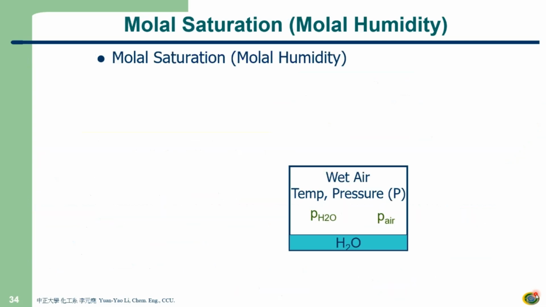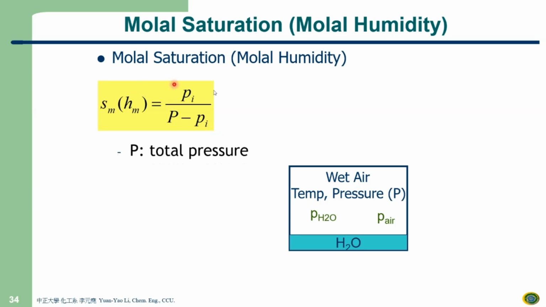Right. Okay. Another definition is molar saturation. I think it's just a difference in the definition only. This is Pi divided by capital P minus Pi. What does that mean? This is the water pressure, and this is the air pressure. That's it.